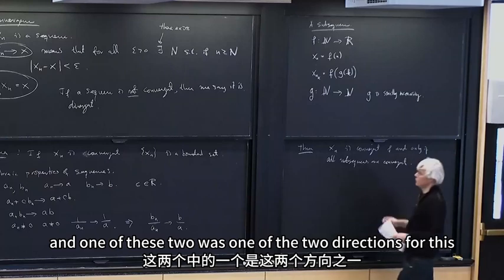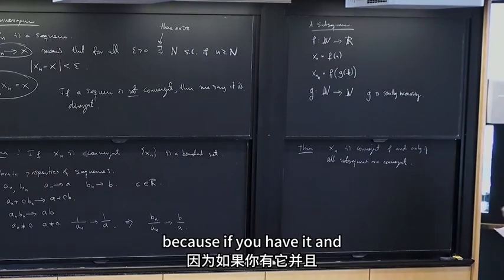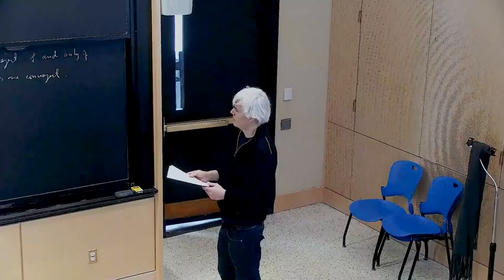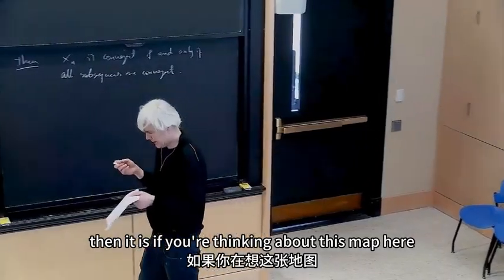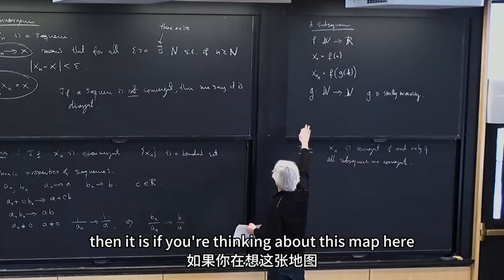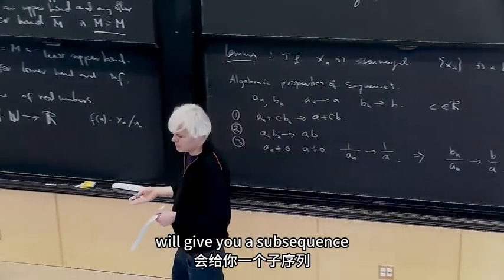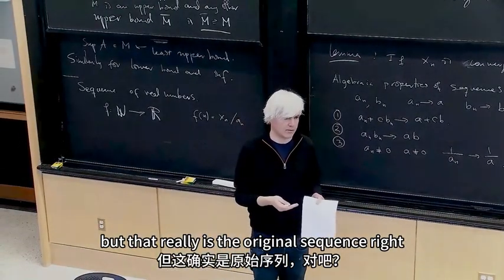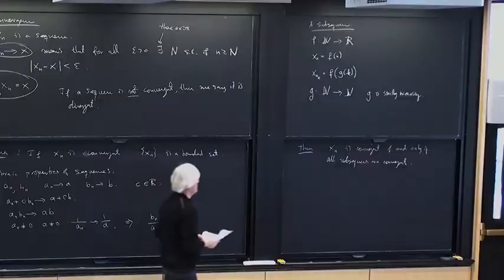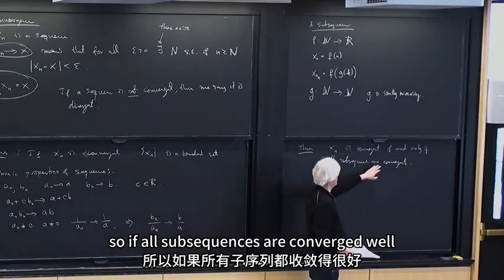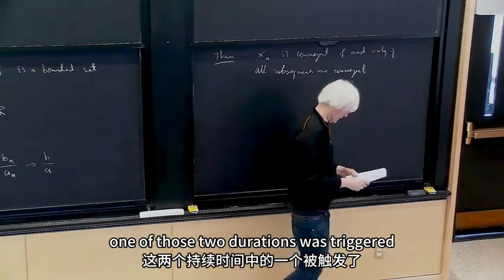And one of the two directions of this theorem was trivial, because if you take a sequence and think about this map g as being the identity, that will give you a subsequence that really is the original sequence, right? So the original sequence is a subsequence of itself. So if all subsequences are convergent, well, then in particular the sequence itself is convergent. So one of those two directions was trivial.